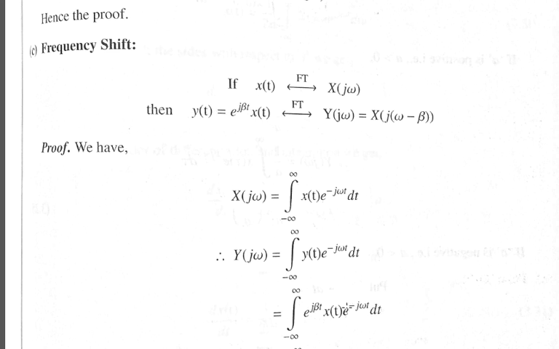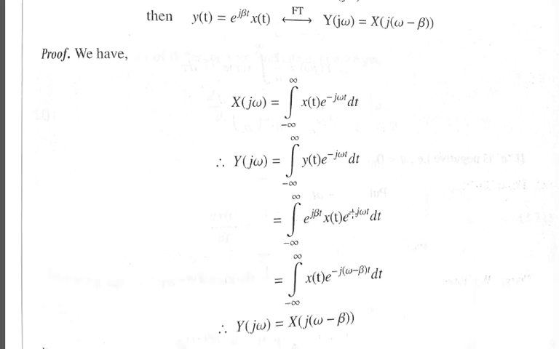Now here we need to combine these exponential terms. When we combine them, we get x of t e raised to minus j, let's take it outside, omega minus beta into t. So again this represents the same equation.